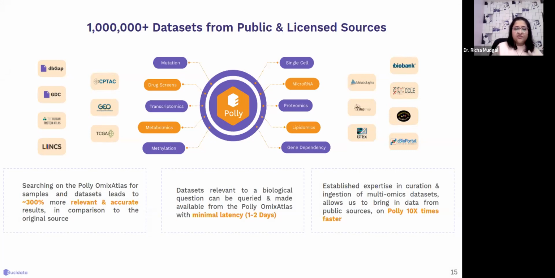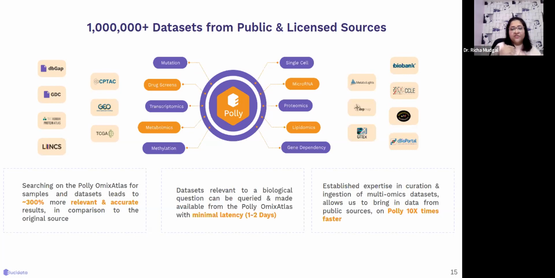They would be related to, say, methylation or metabolomics or even proteomics and microRNA data as well. Because we have a curation infrastructure in place, we are able to ingest, process and curate this data on a large scale, and then create a database or a Multiomics Atlas of more than 1 million data sets to date.